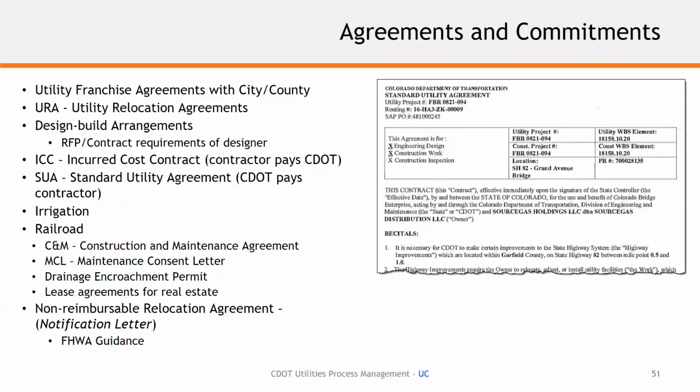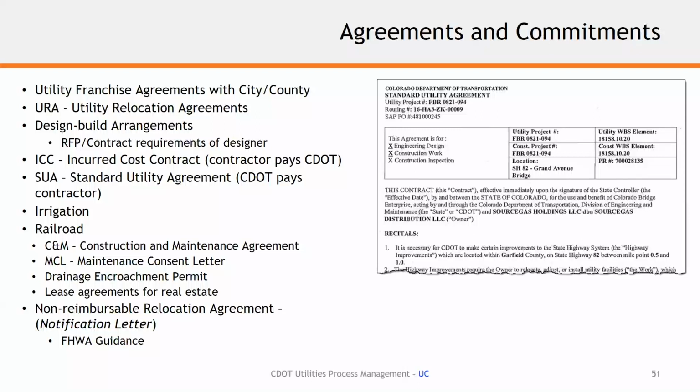If we have a relocation that requires cost paid out to a utility company, we have agreements for that. If we identify a utility that is in a condition where maybe it needs replaced, but it's not eligible, but somebody wants to include that in the contractor's work, we have a contract for that, and I'll talk about that here in just a second.